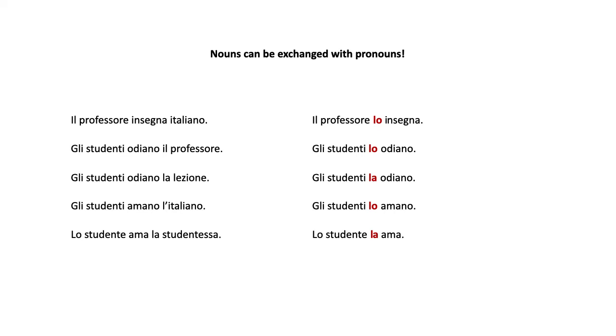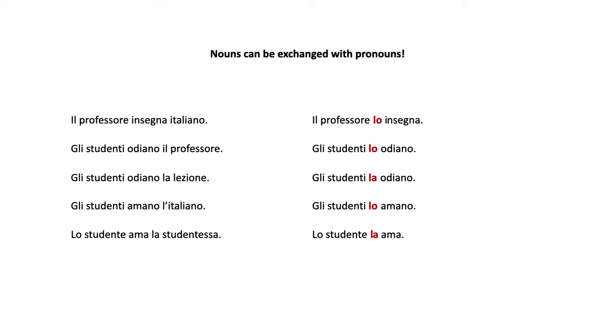Gli studenti odiano il professore, gli studenti lo odiano. That lo is replacing il professore. Gli studenti odiano la lezione, gli studenti la odiano. That la is replacing la lezione. Gli studenti amano l'italiano, gli studenti lo amano. Again, that lo is replacing the whole l'italiano thing.